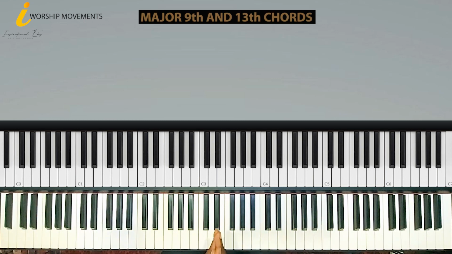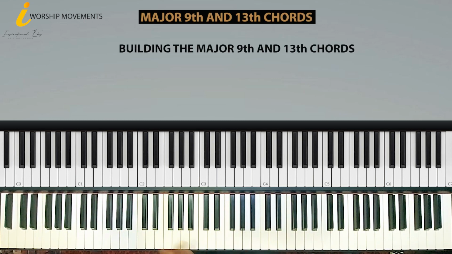Now, we're going to start with building the major 9 chord. How do we build the major 9 chord on the piano? So I'm going to be showing you that. I'm on the key of C. So we want to build the C major triad.